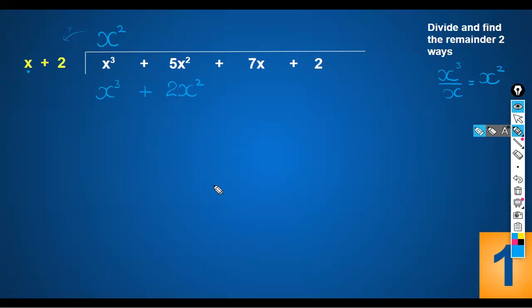Now do me a favor. In school and in a lot of textbooks, they only write 1 minus sign. But they really need to minus these 2 and these 2. So this minus sign applies to him, and it also applies in between these 2.